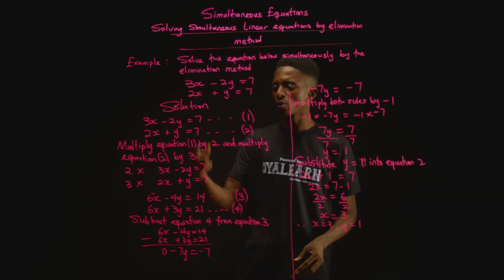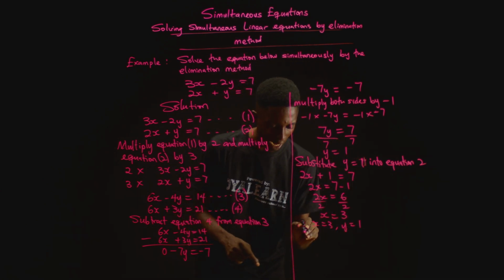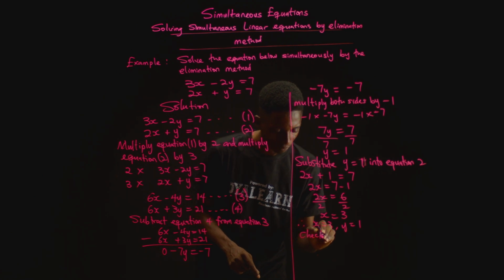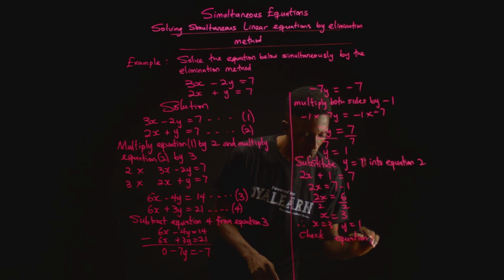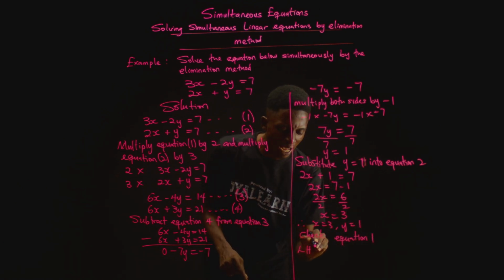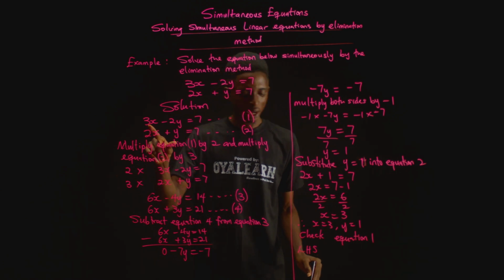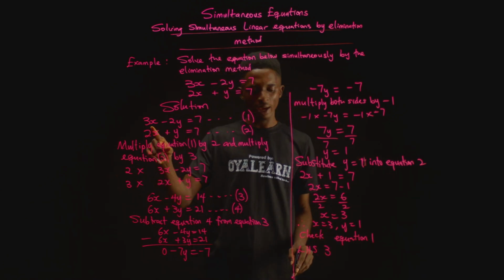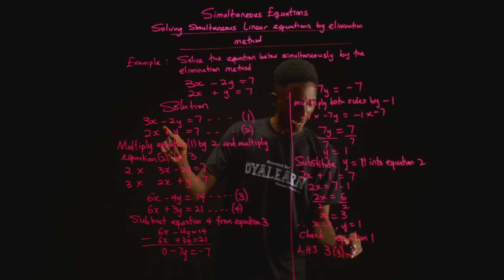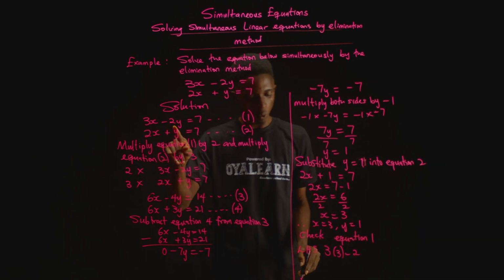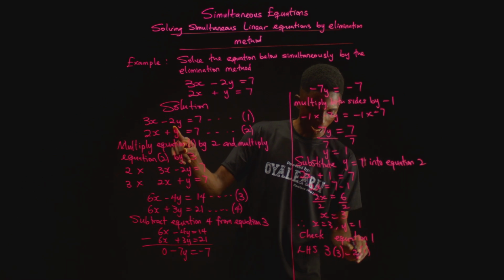You can then check it with equation 1 to see if it is accurate. So check equation 1. On the left hand side of equation 1, we have 3 into x, and the value of x is 3, minus 2 into y, and the value of y is 1.